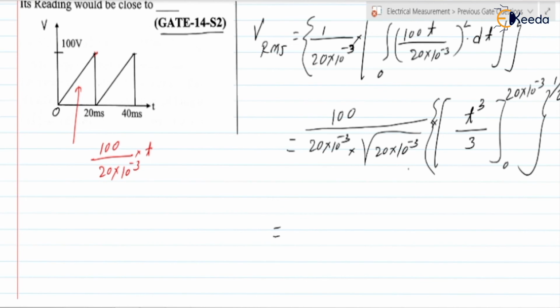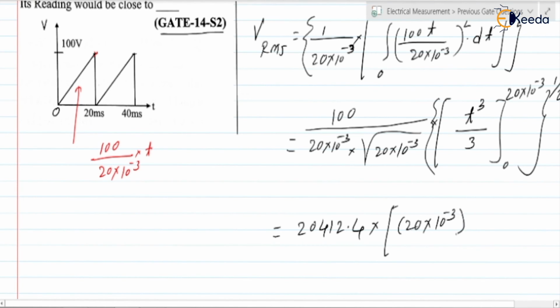Okay, 100 divided by this term, so it is 20412.4 into, yes, t cube. Right, so we can write 20 into 10 to the power minus 3 cube minus 0 cube, to the power 1 by 2.